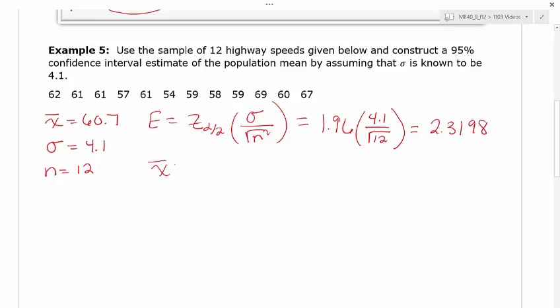So then do x bar minus the error and x bar plus your error. So that's going to be 60.7 minus 2.3198. I usually go out several decimal places when I'm doing my calculations and then round at the end. And then 60.7 plus the error.